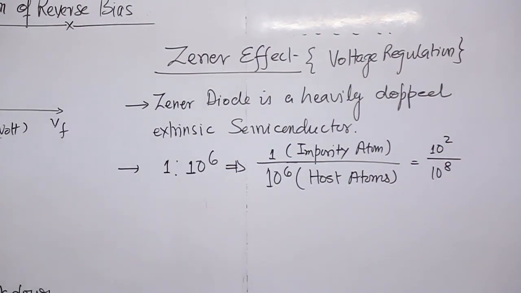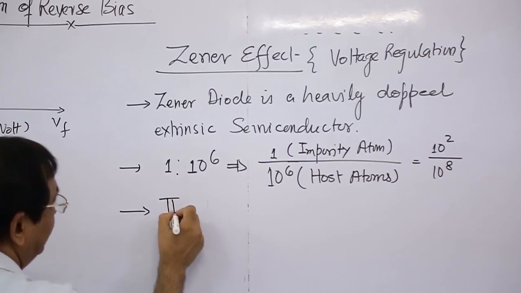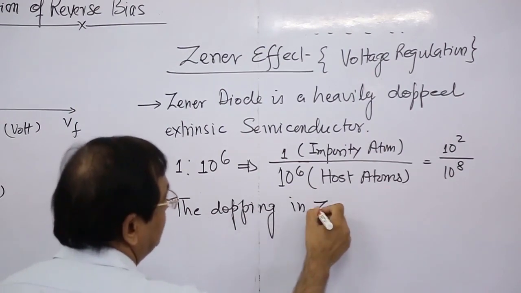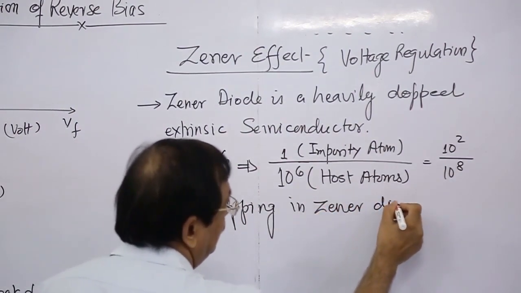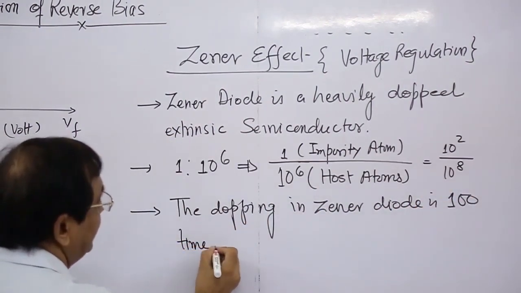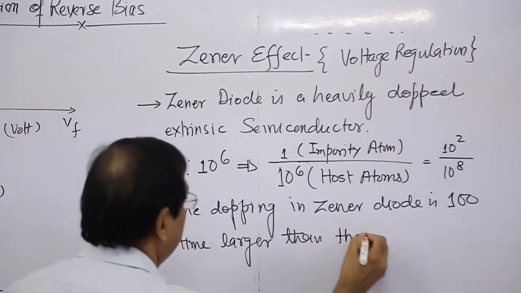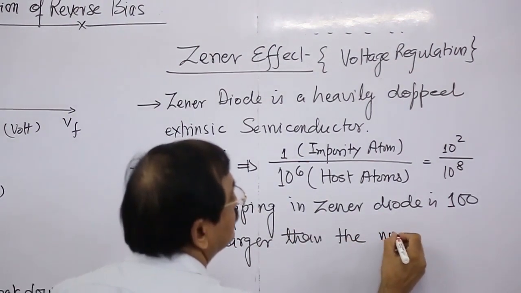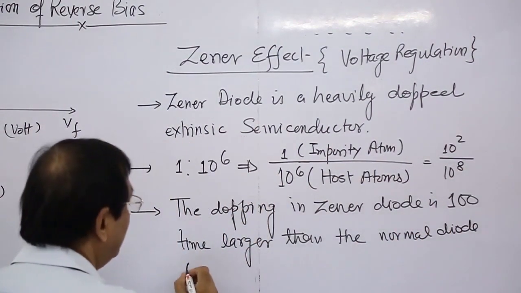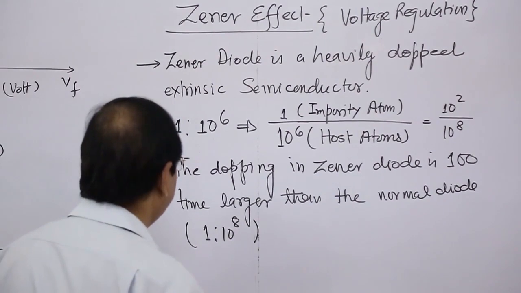So, what we find is that the doping in a Zener diode is 100 times larger than in the normal diode. For a normal diode, 10 to the power 8 is the doping concentration.